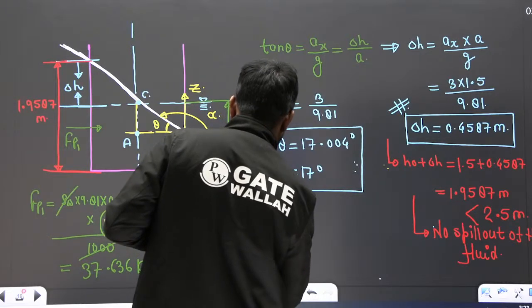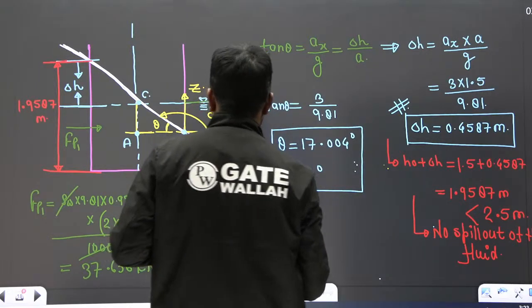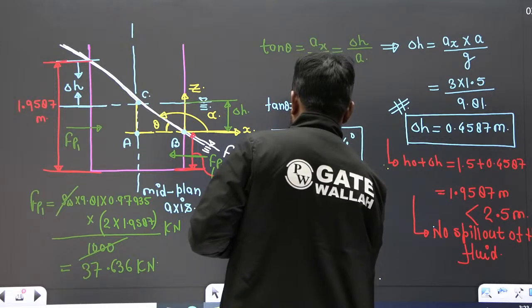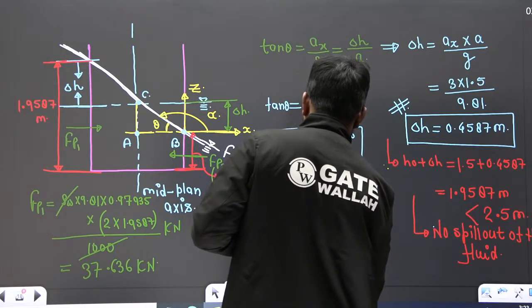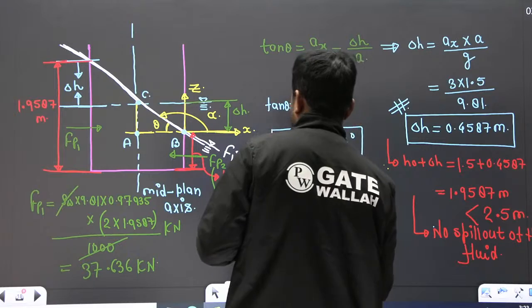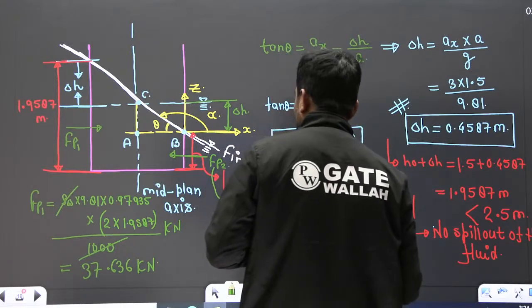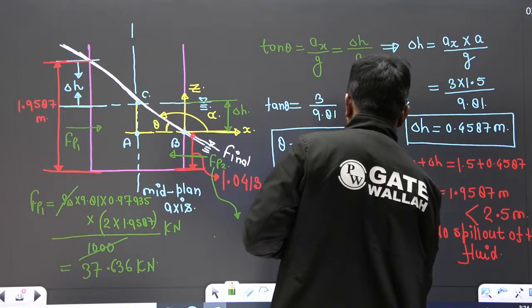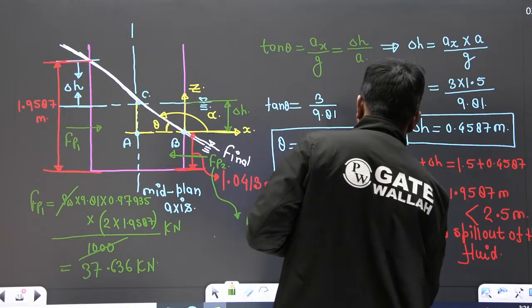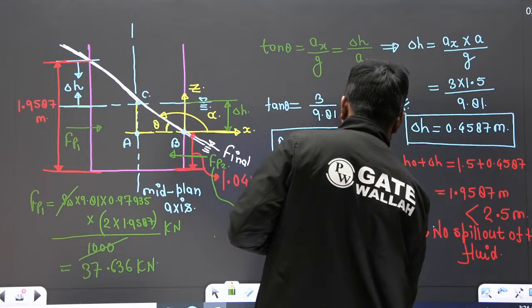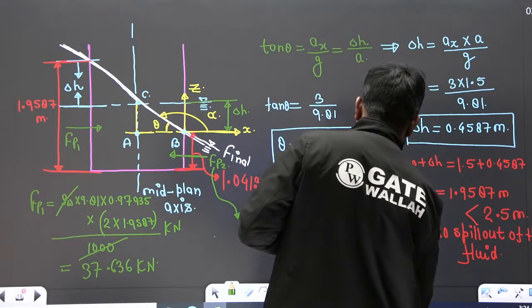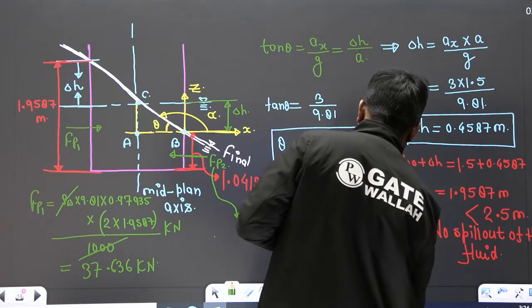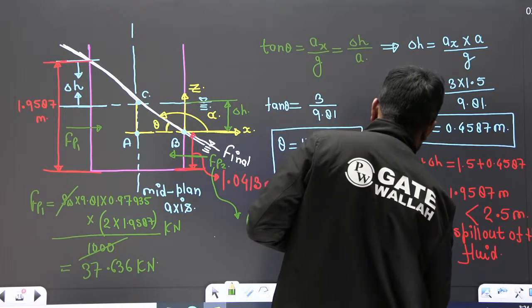And FP2 is what? That is rho, water, multiplied by 9.81 multiplied by h bar, so 1.0413 divided by 2 and multiplied by area. Area is 2 into 1.0413, and divided by 1000, so that is becoming kilo.